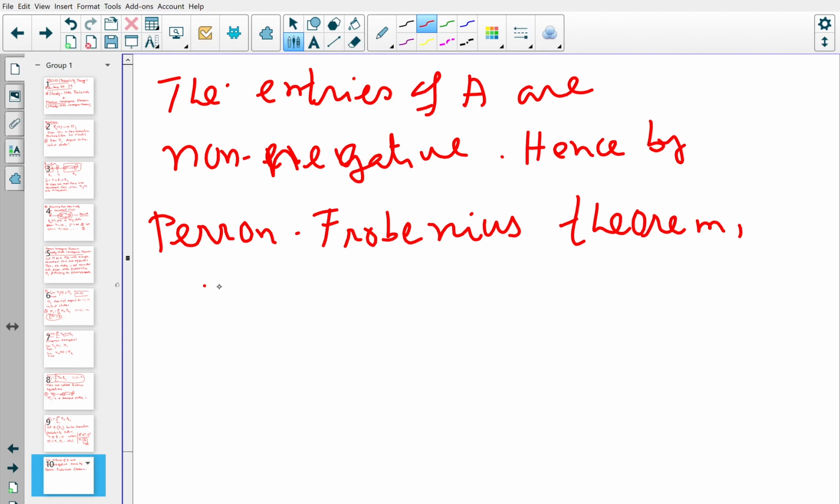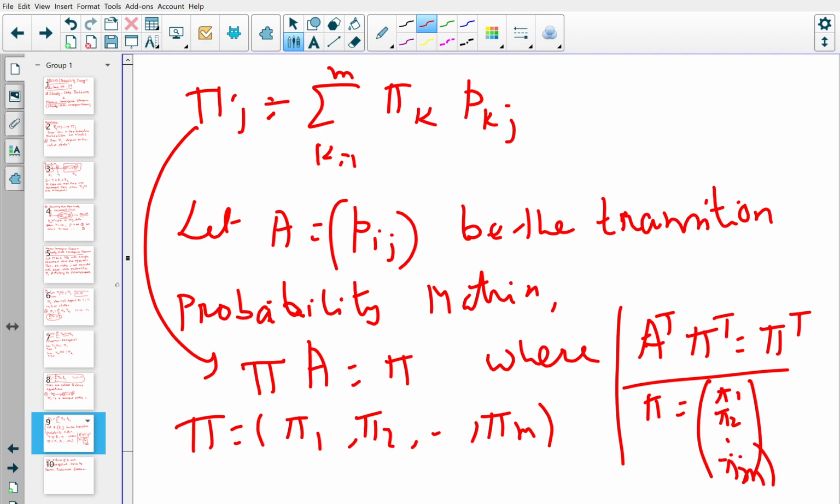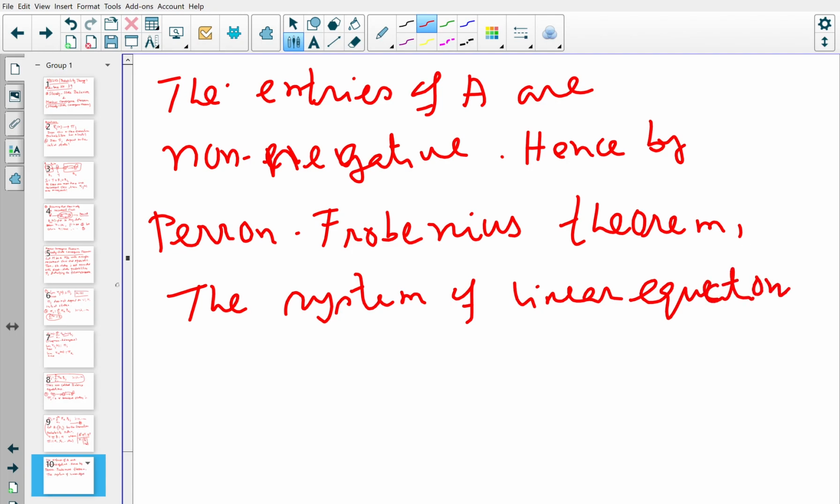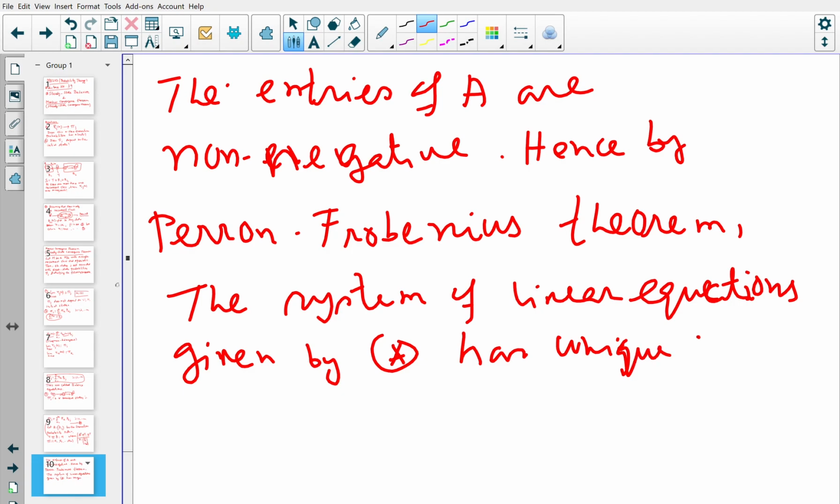This system of equations, for j equal to 1 to m, call it star. The system of linear equations given by star has, okay, obviously that depends, a unique solution provided the determinant of A is not equal to 0.